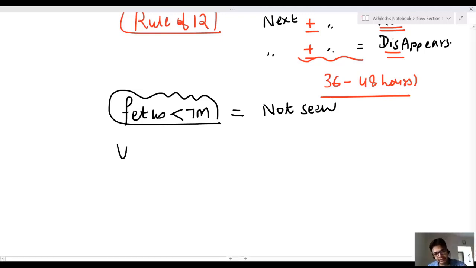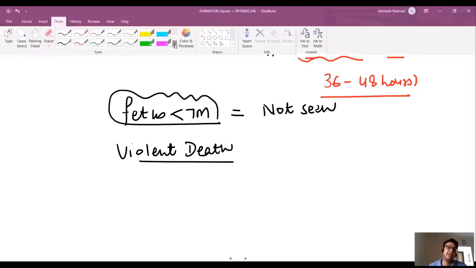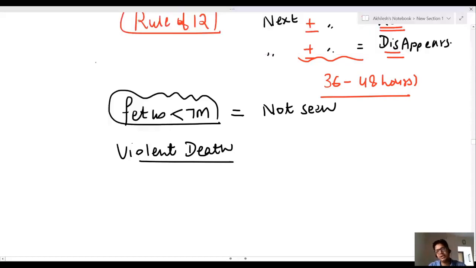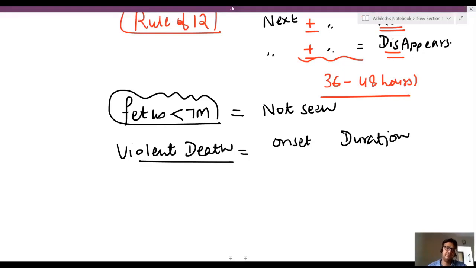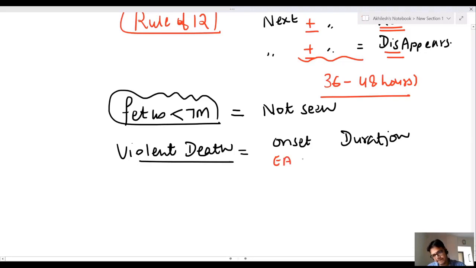In violent death, where your muscles are already in action, like drowning, firearm injury, onset and duration are different. In violent death, it comes early and duration is short.